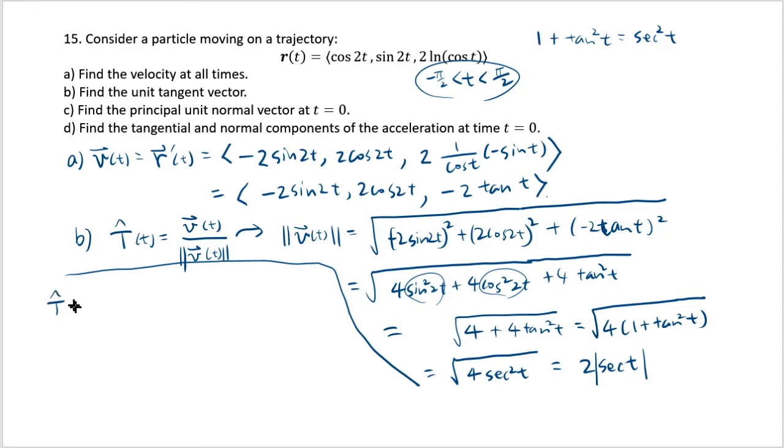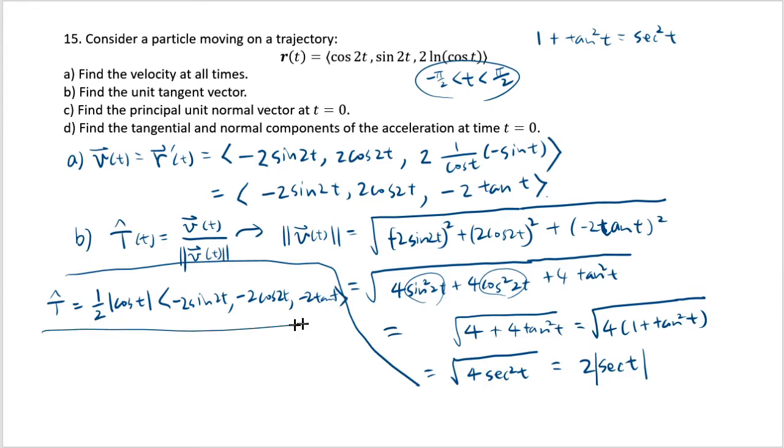So the correct answer would be, because you have to divide by secant, and 1 over secant is cosine, you end up with 1/2 absolute value of cosine t times this function here: negative 2 sine 2t, 2 cosine 2t, negative 2 tangent t.